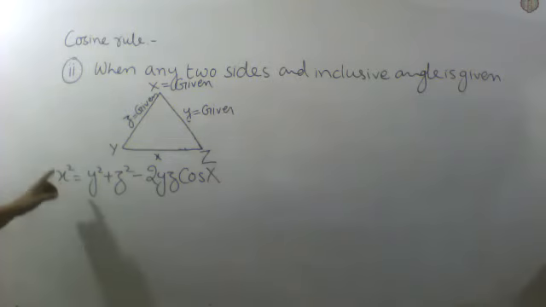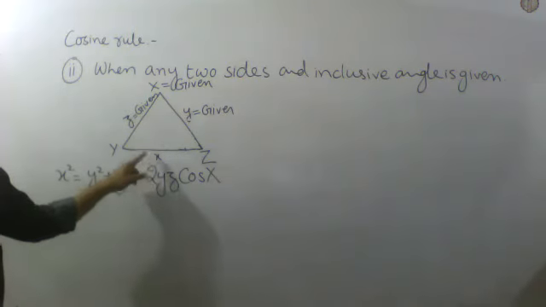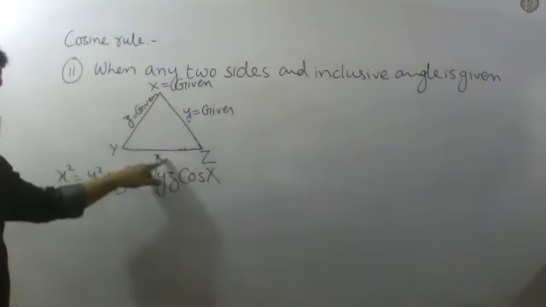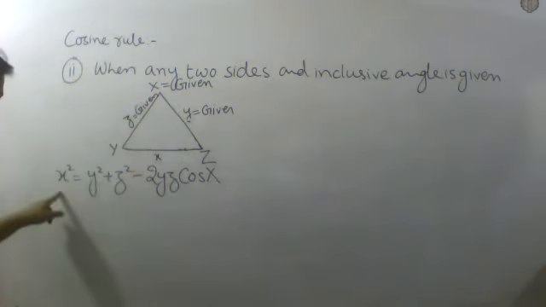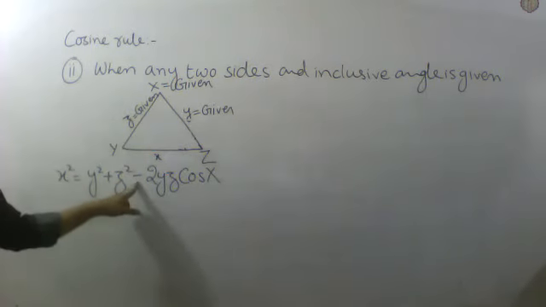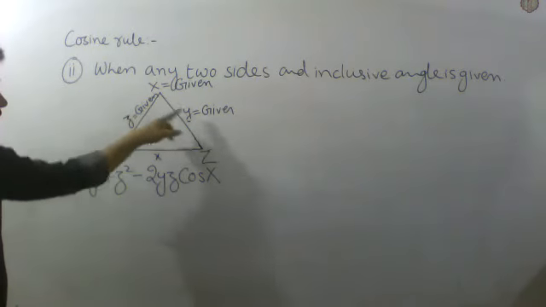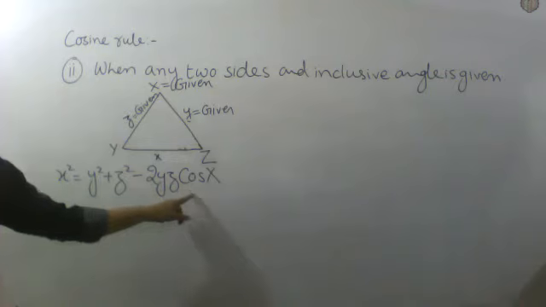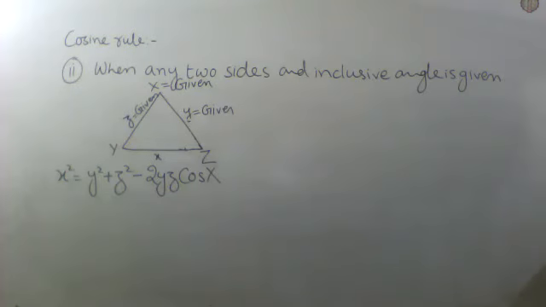Right? So in order to find this one, this side which is opposite to the inclusive angle, I will square it, where that will be equals to the square of first side plus square of second side minus 2 times product of given two sides with cos of inclusive angle. You will have your formula over here.